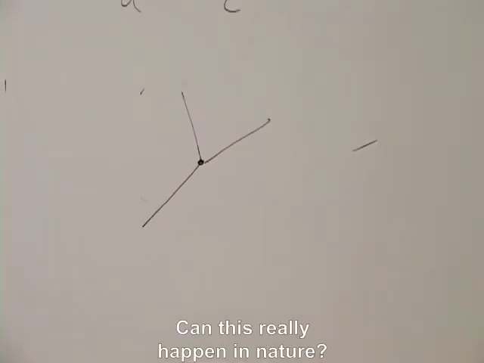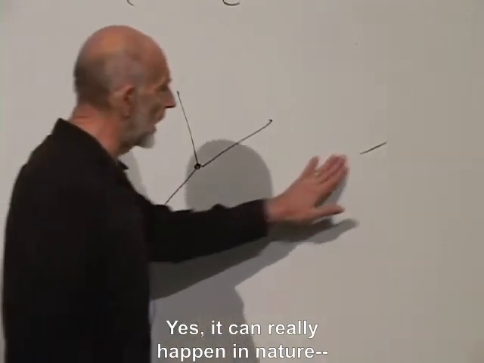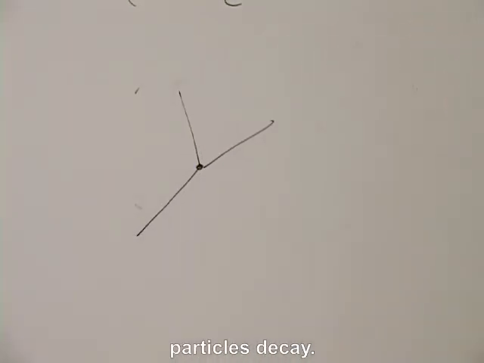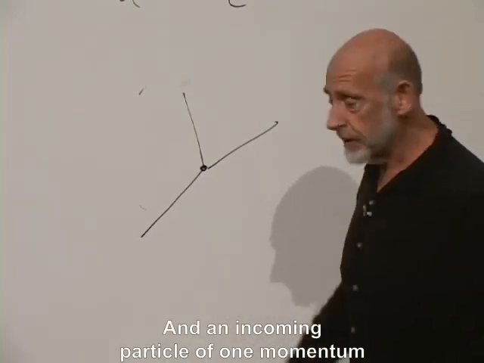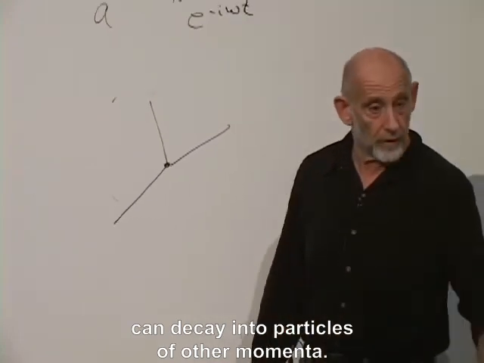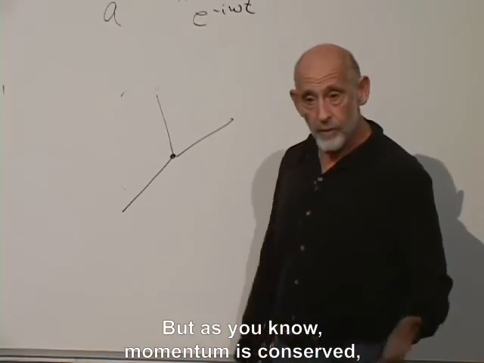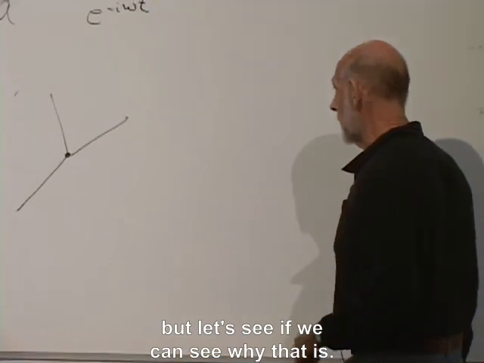Okay, can this really happen in nature? Yes, it can. Particles decay, and an incoming particle of one momentum can decay into particles of other momenta. But as you know, momentum is conserved, so let's see why that is.